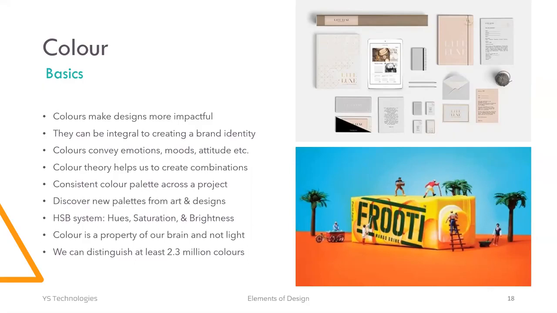I mean, those two examples which you see here, there are two different approaches to using colors. The one in the top uses soft, toned down, subtle variations, very low contrast between the different colors used. There is still a consistent color palette. You see mostly cream, beige, some gold.